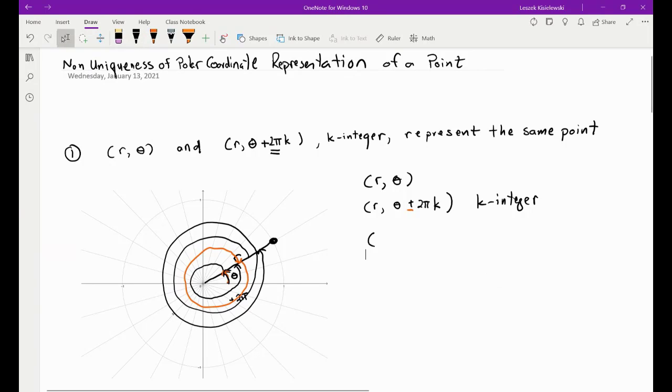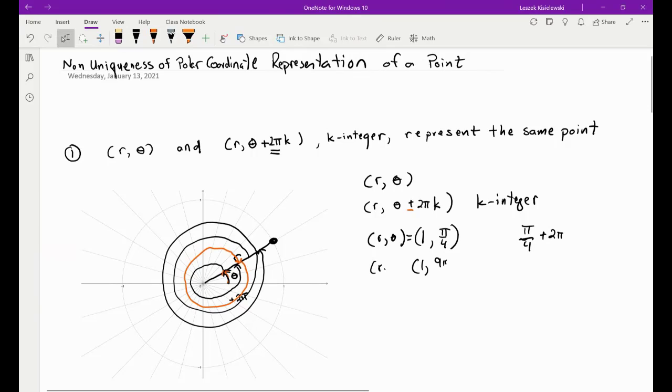So the point that is distance 1 away from the origin, at 45 degrees from the positive x-axis, represents a point that can also be given by 1, and then add 2 pi to that. What is that?